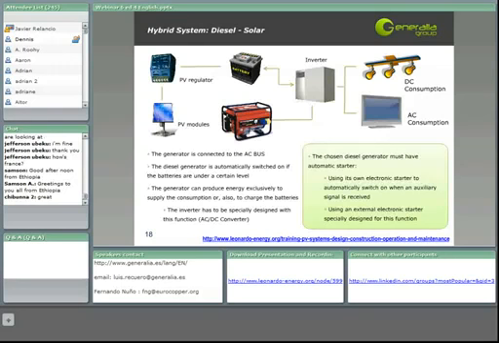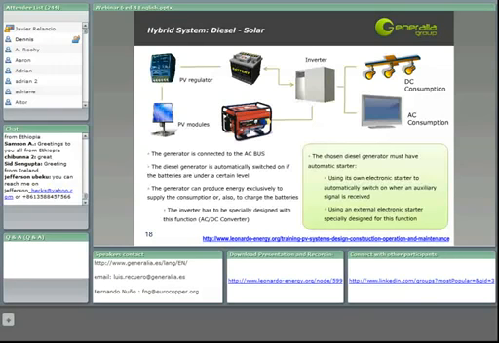The energy produced by the diesel generator, depending on the type of inverters and the manufacturer of the diesel generator and the inverter, can be used both for the consumption and to charge the battery, or just for the consumption.